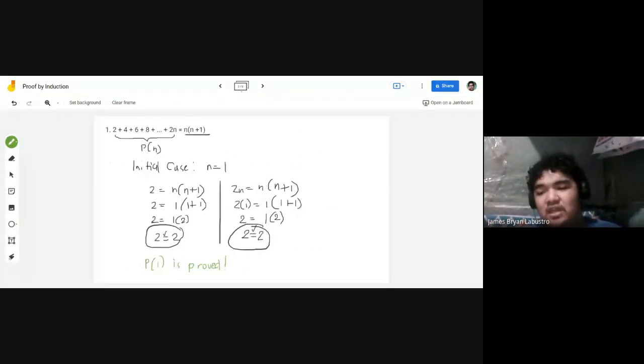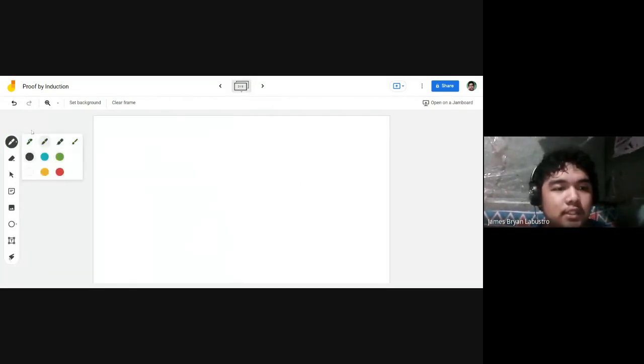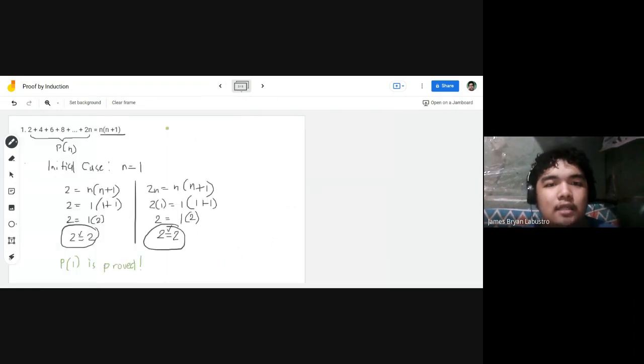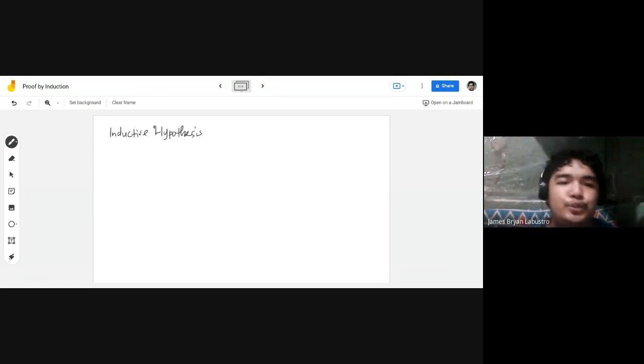We assume that n is equal to k is true, or P of k is true.